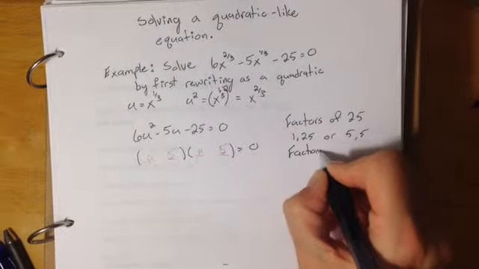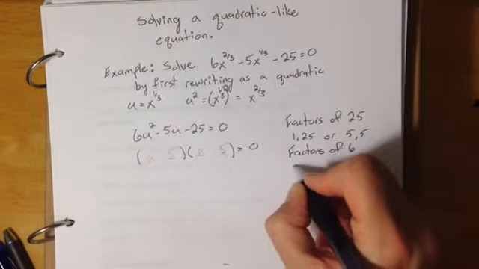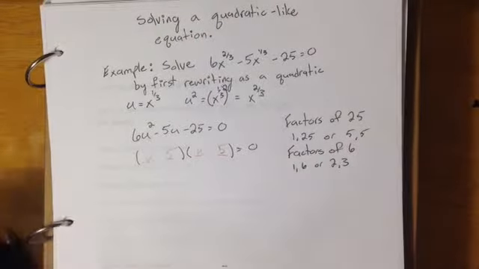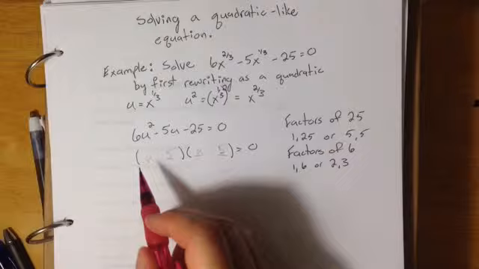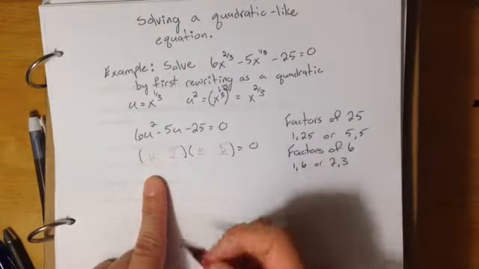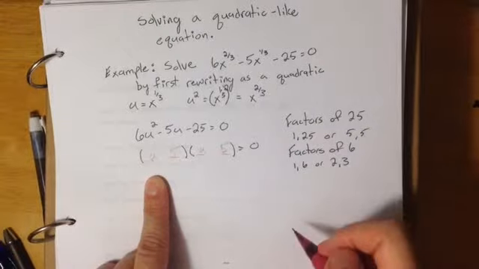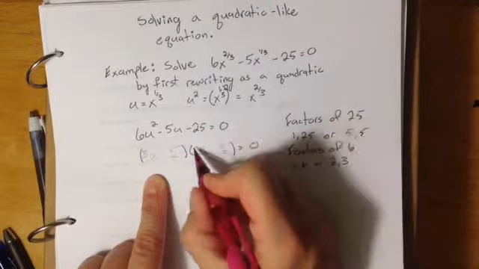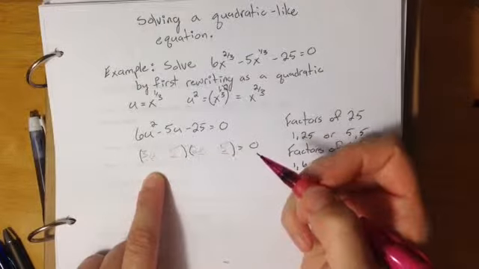So the factors of 6 are 1 and 6 or 2 and 3. Notice that I'm filling this part in pencil because I'm going to do some trial and error. So now I'm going to pick 2 and 3, and I'm just going to plop them in here. How about 3 here and 2 here?